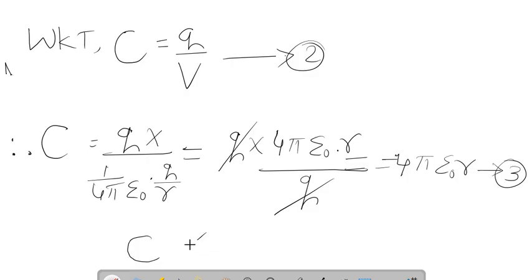Now this C is directly proportional to R, the radius of the sphere. So this condition tells you that the larger the sphere, the larger is its capacitance.